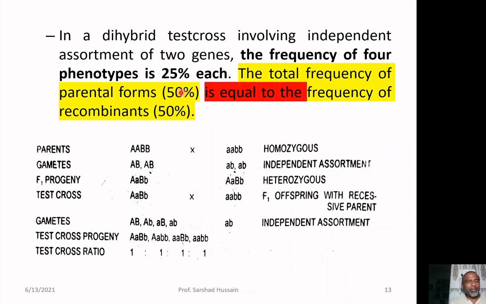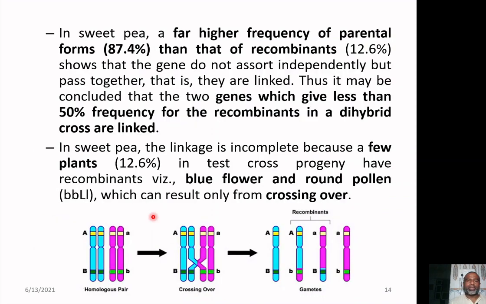As per Mendel's law, if all the genes were showing independent assortment, then the new recombination must be like this 1:1:1:1. But here you have seen that the parental combination is not similar to that of the recombinant, that is the parental combination is more, which is 87.4% as compared to the recombinant, which is 12.6%.